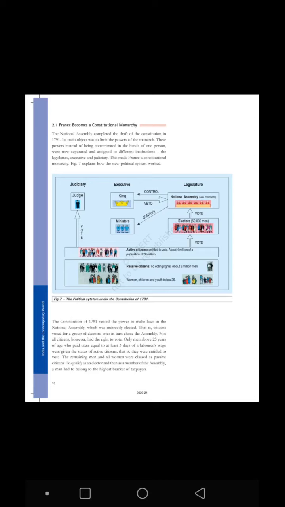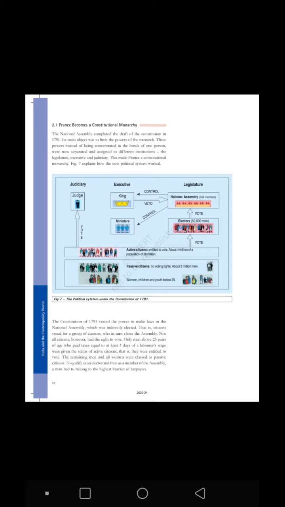The Constitution of 1791 vested the power to make laws in the National Assembly, which was indirectly elected. That is, citizens voted for the group of electors who in turn chose the assembly. Not all citizens, however, had the right to vote.